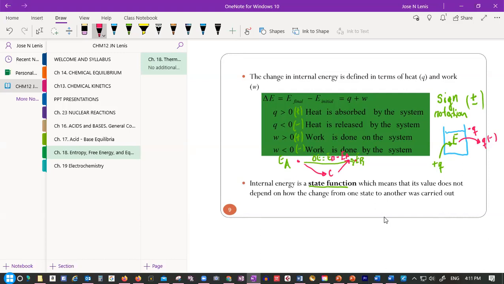That's possible because enthalpy is another state function.